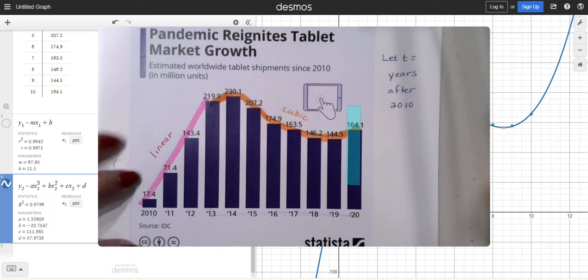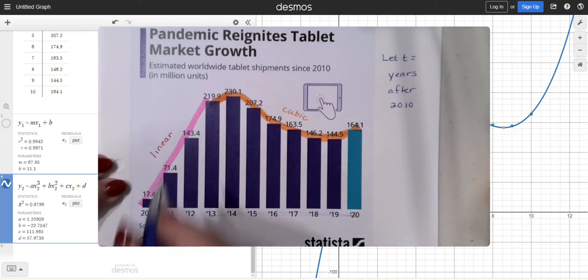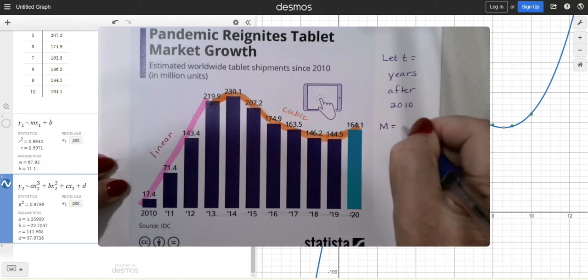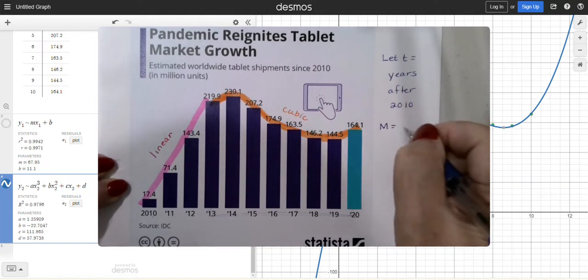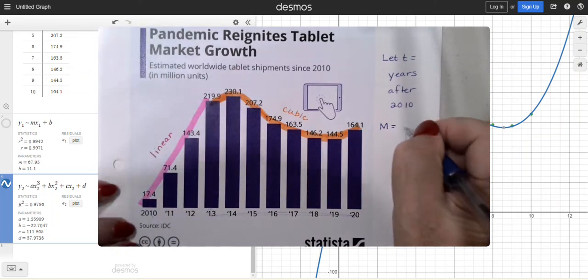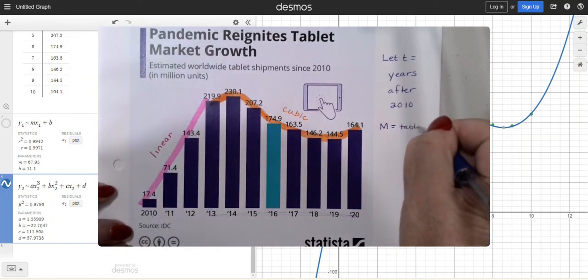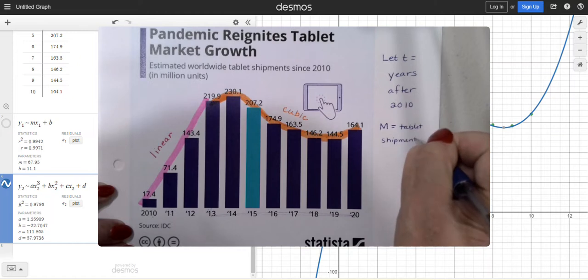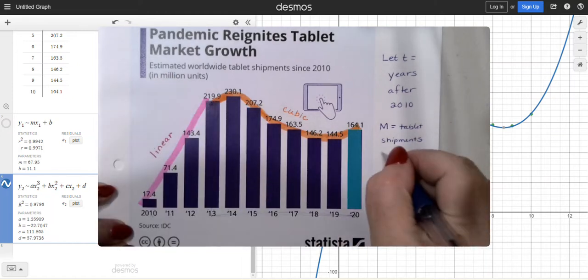T was years after 2010. I'm going to use M for market growth, but it's actually tablet shipments, and this is in millions.